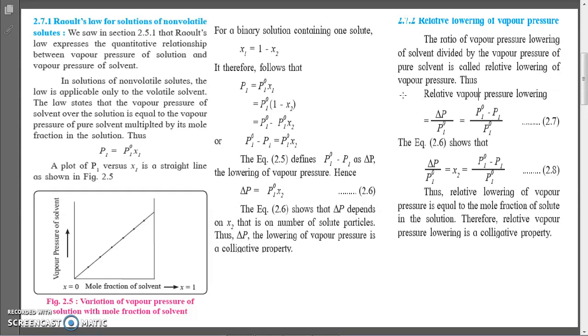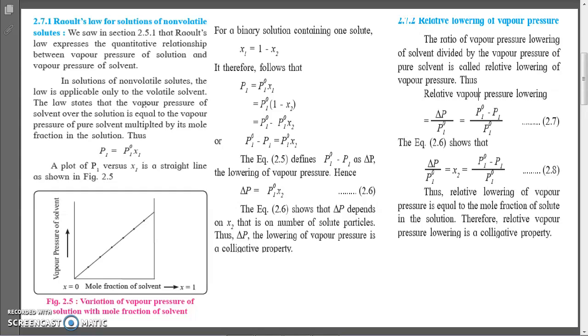Now, first is Raoult's law for non-volatile solute. We can also see in this chapter Raoult's law for the quantitative relationship between the vapor pressure of the solution and solvent. In the solution of non-volatile solute, the law is applicable only to the volatile solvent.